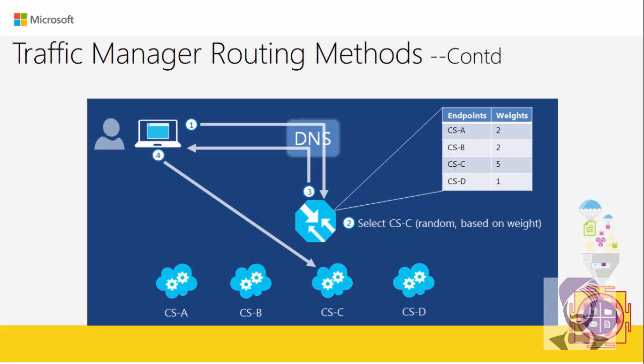By 5 weights, I simply mean that 50% of the traffic will be routed toward Cloud Service C, and the rest is 20% for A, 20% for B, and 10% for the last one, D. So this is the stuff that you can play with in Azure Traffic Manager.